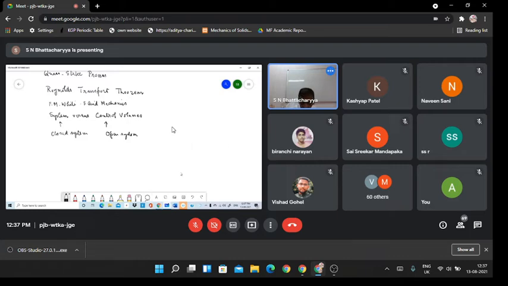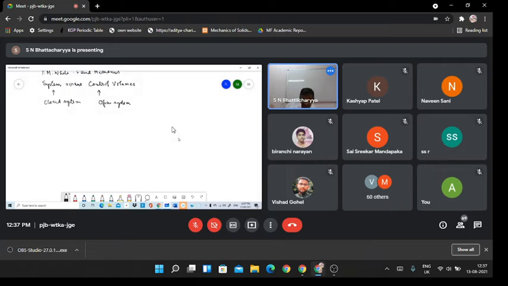I could have a rocket where mass is flowing out from the rocket engine, and I want to calculate the acceleration.